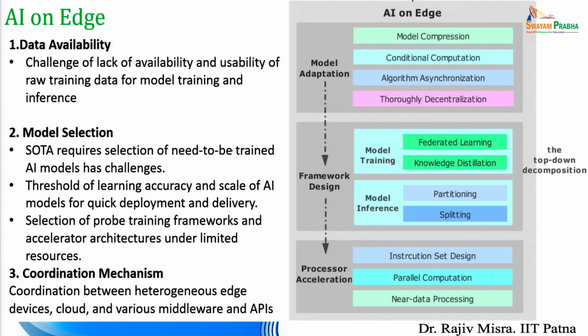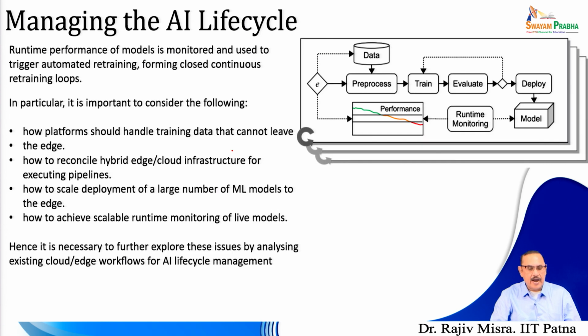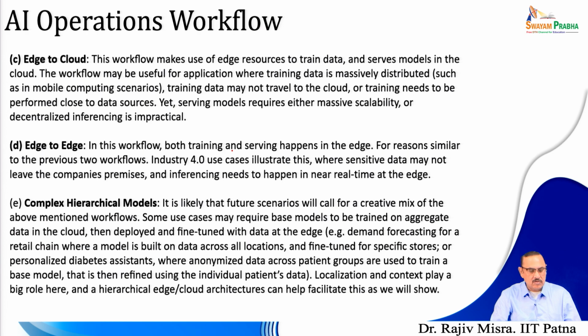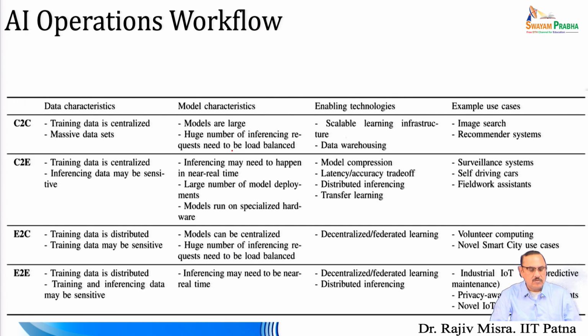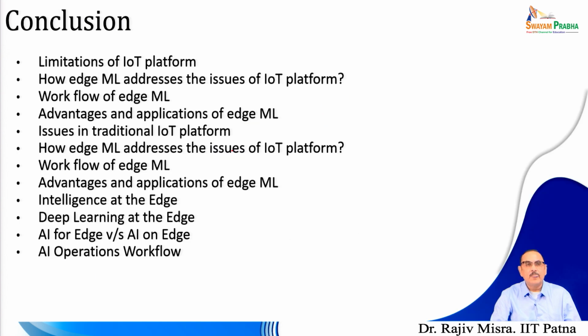Similarly, AI on the edge requires data availability, model selection and a coordination mechanism, and it all requires a proper AI life cycle with end to end automation, which is shown over here, and managing the AI life cycle is also shown here. The AI operation workflow requires cloud to cloud, cloud to edge, edge to cloud and edge to edge, and this is all summarized in this particular table, and this will facilitate the complex edge AI.